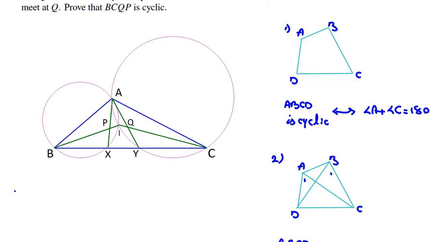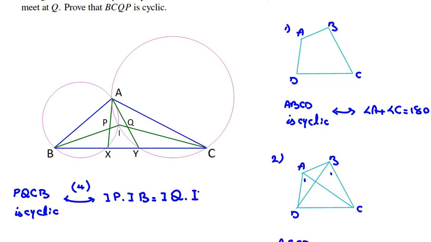So here I say PQCB is cyclic by the fourth rule I told you, if and only if IP times IB equals IQ times IC. IB and IC are better than IP and IQ because B is a vertex of the triangle ABC and I is the incenter.